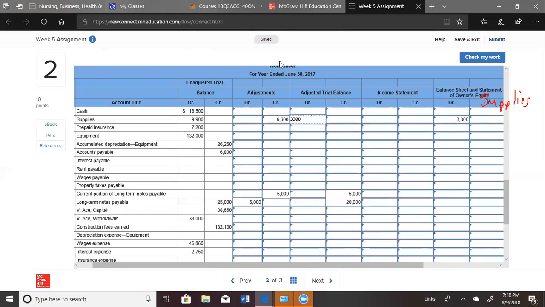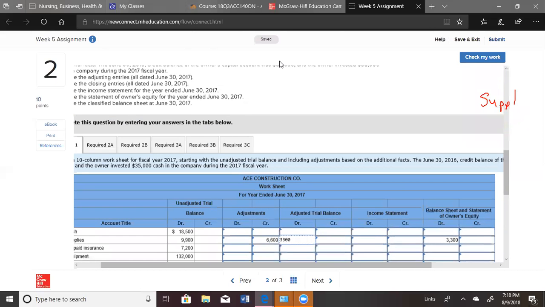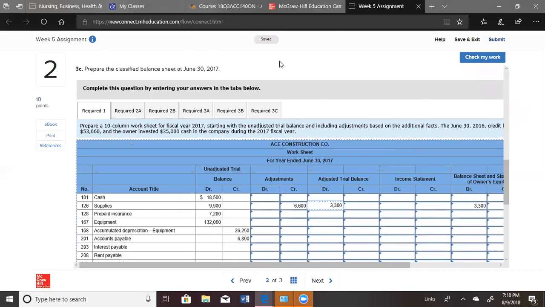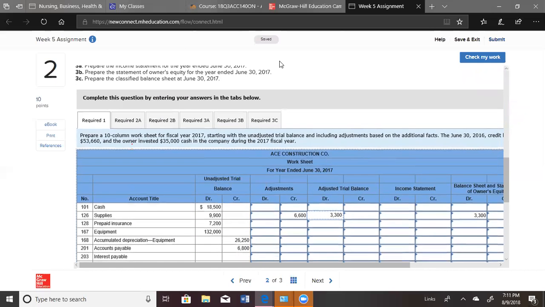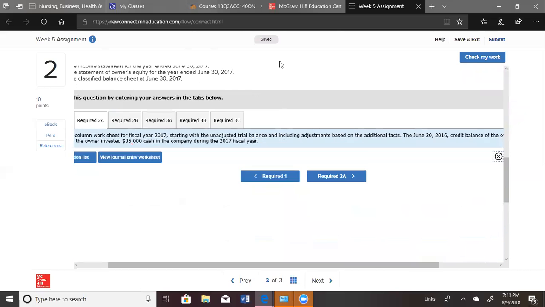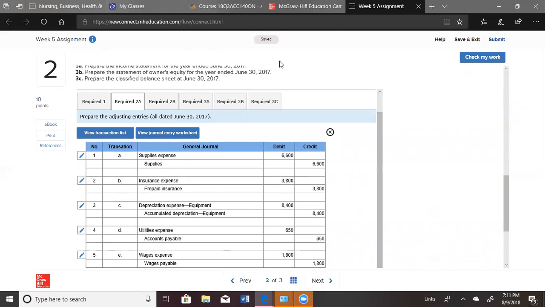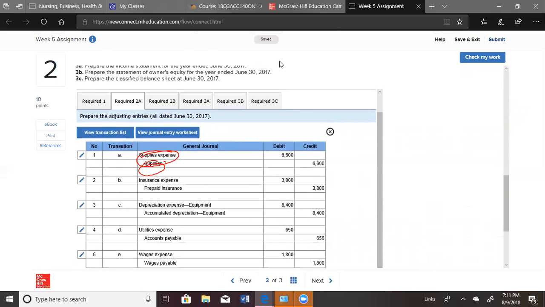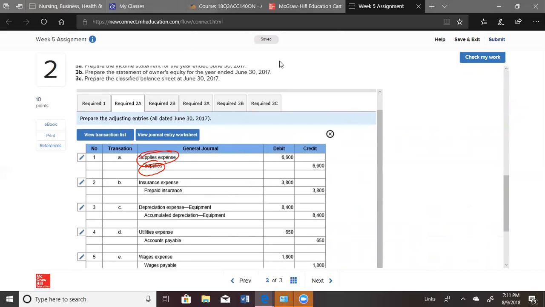And that's going to be in the different question, isn't it? You got to do every last one of the ones on required 2A. So you did the supplies section. Now you got to do the supplies expense. You got to debit supplies expense by 6,600.